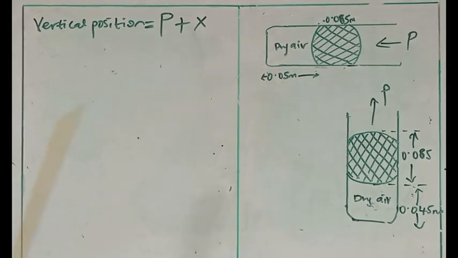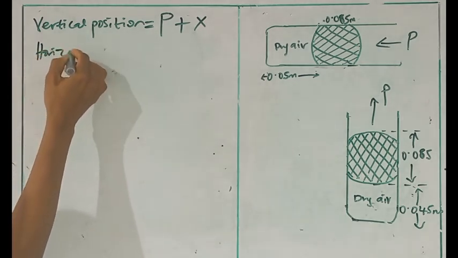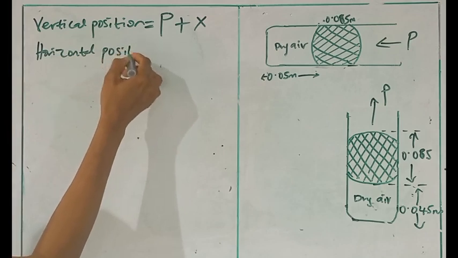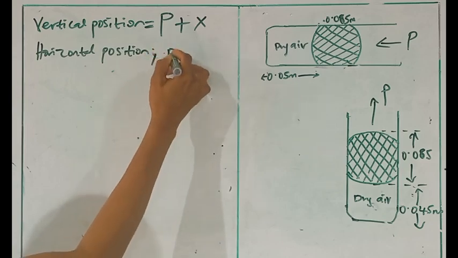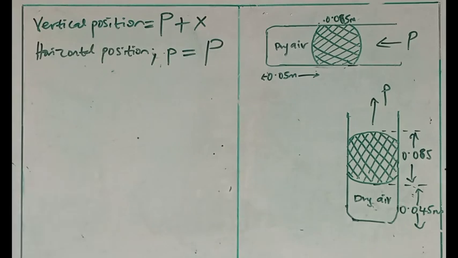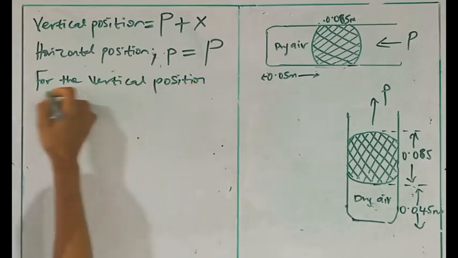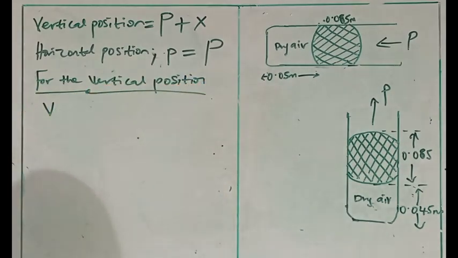And this one is horizontal. So for the horizontal position, the pressure exerted will also be equal to the atmospheric pressure. So this is what we are going to use to solve the problem. Let's get the volume for the vertical position.